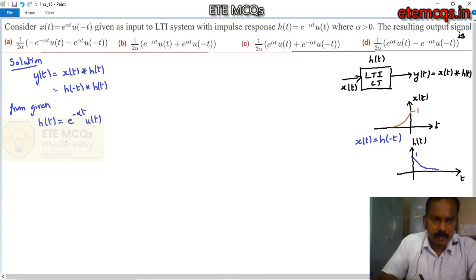The respective Laplace transform of h of t is H of s, which is equal to 1 by s plus alpha. And you have a respective ROC, which is real part of s greater than minus alpha. Since it corresponds to a right-sided sequence, put a greater than sign.